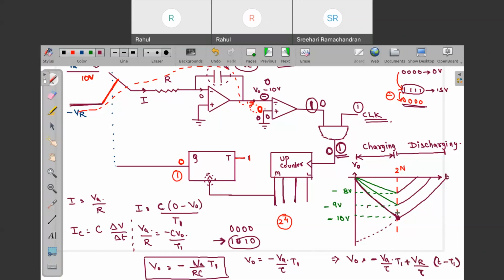Why VR? Because this capacitor can discharge till VR. T1 is this time, 2 to the power n. So I have just written the equation for this line, corresponding to your 10 volt.